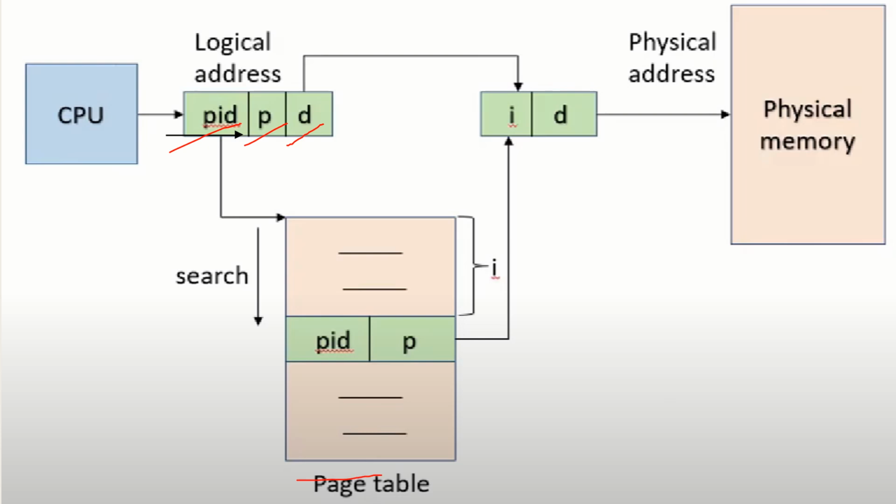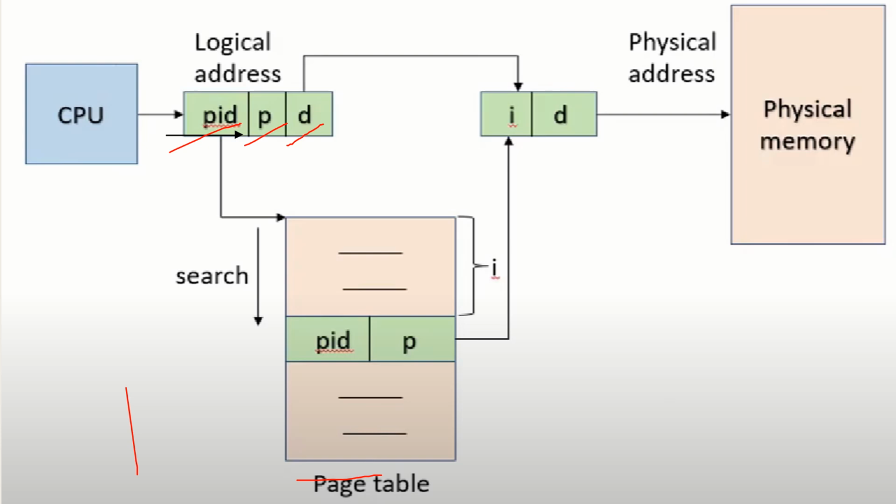There will be a search to check where this process ID is available. If you look at this inverted page table, we have to check the entries here to figure out where that process ID is available. Once that process ID is found, there could be multiple entries, so the page number has to be checked as well, to see if it matches this page number.